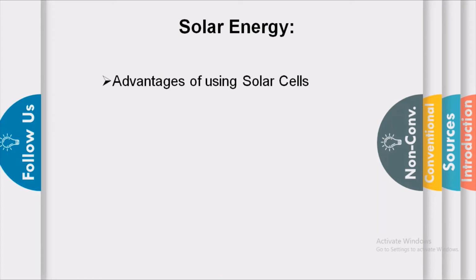The first advantage is that solar cells have no moving parts. Solar cells require little maintenance only. They can be set up in remote places where laying a power transmission line might be expensive or not commercially viable. So we can use solar energy to produce electricity.